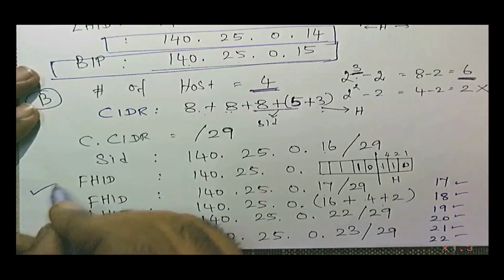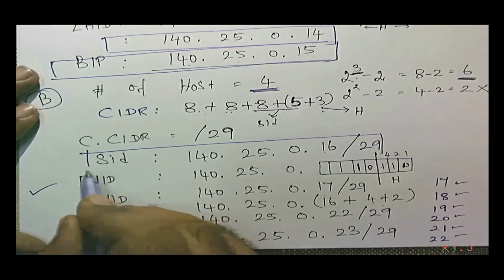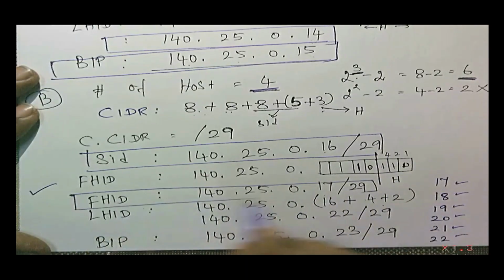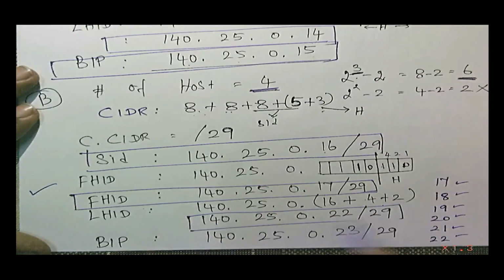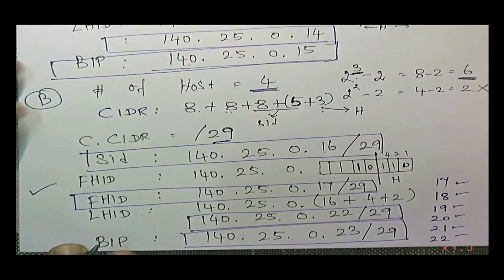So our calculation is correct. This is your subnet ID, your first host ID, your last host ID, and your broadcast IP address. The subnet mask we used is /29.